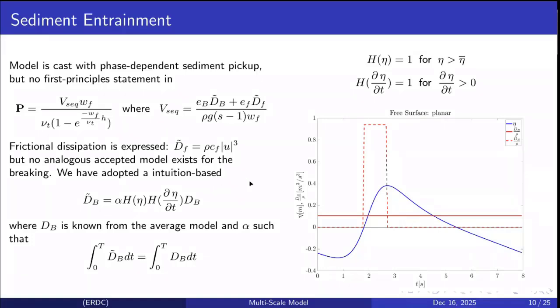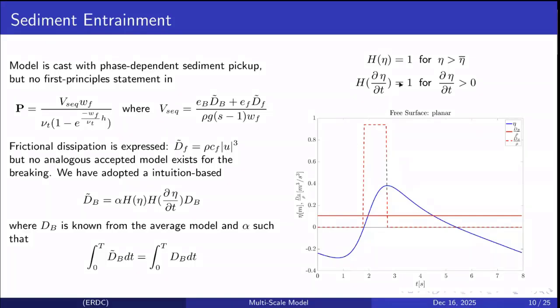So what if we say that it's not equal to that value throughout the entirety of the phase, but it's distributed throughout part of it? And that's what this expression says here, that the dissipation due to breaking with a tilde, meaning it's phase resolved, is equal to some scalar coefficient to make it have the right value, and then Heaviside functions, where the Heaviside function for eta is for all eta greater than the mean eta, and the Heaviside function that's a function of the slope of that.